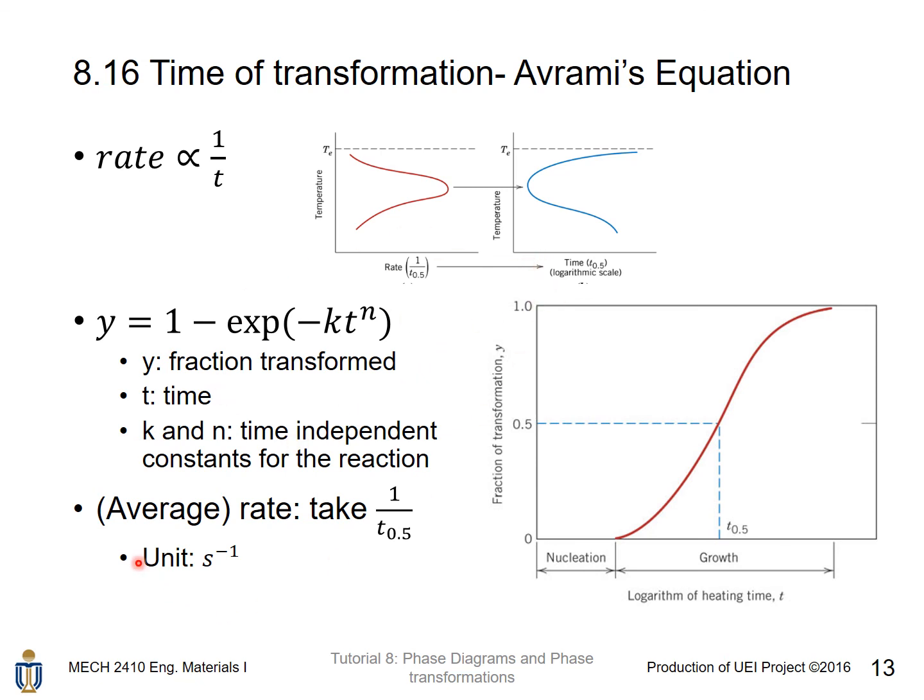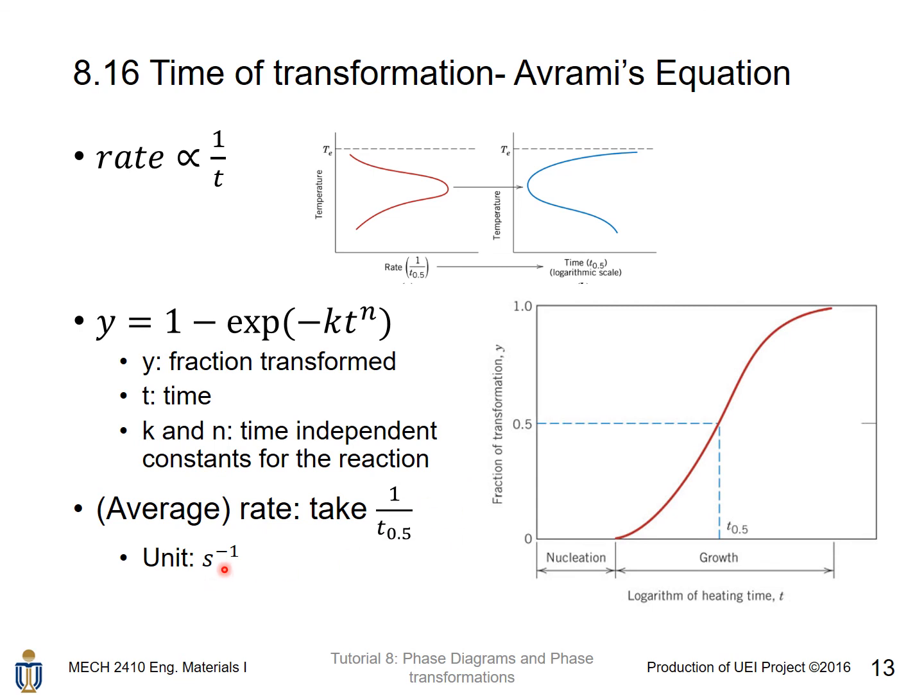And how can we define the average rate? As we know, at different times the transformation rate must be different, as different fractions of those phases have been transformed. And the average rate we define as the half-life, or the time required for half of the amount to be transformed, with such a definition.